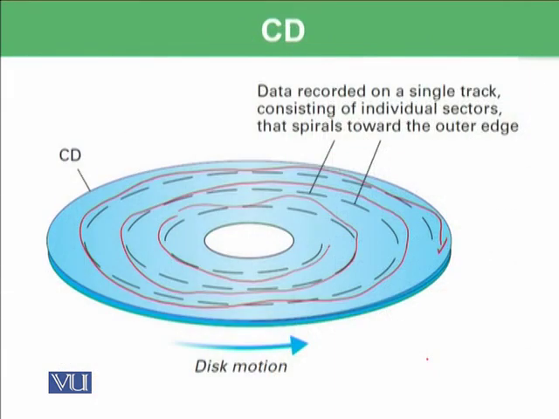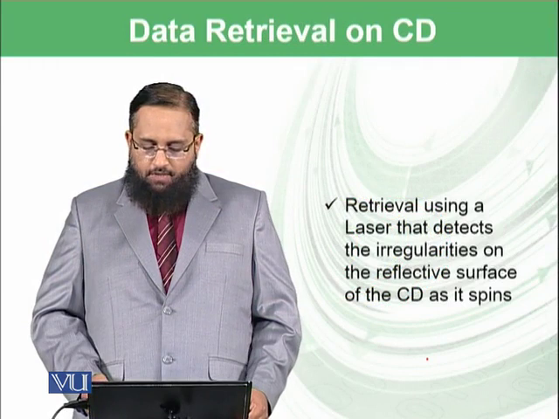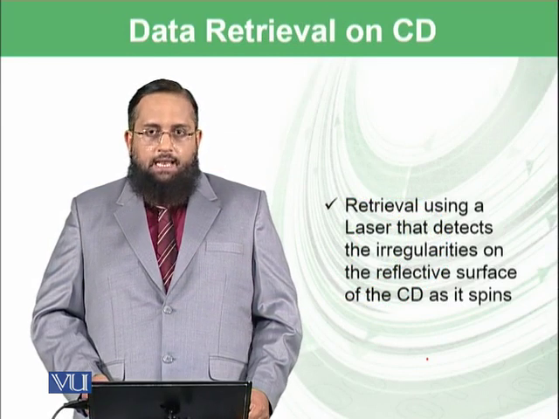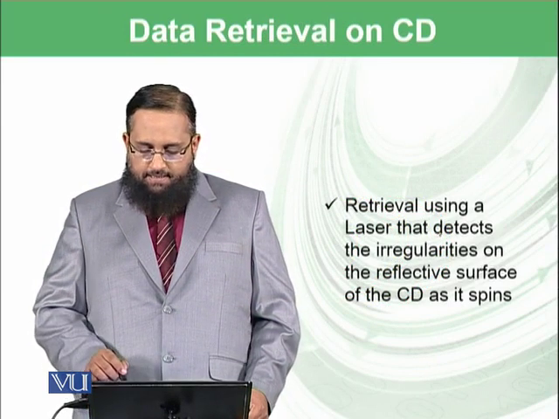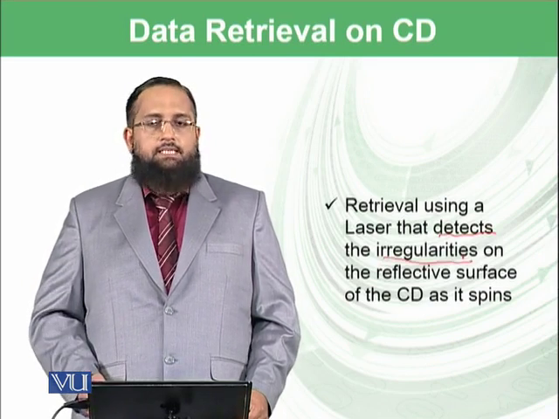So again, data is recorded on a single track consisting of individual sectors that spirals towards the outer edge. And how do we retrieve data from there? Retrieval uses a laser, and that laser can detect irregularities on the reflective surface.